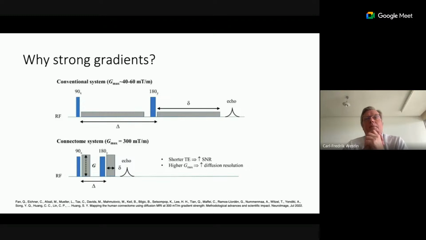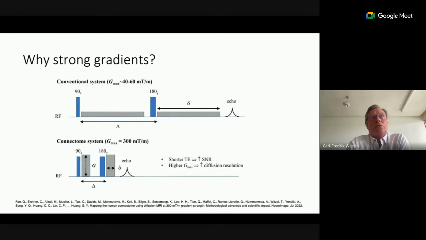But as in most MRI sequences, you have an exponential decay when you do the measurement. So the longer you wait, the more signal disappears. If you have to do very strong diffusion encoding, you have to wait a long time, and then you don't have any signal left. But with very strong gradients, like the lower one, you can do the experiment faster, and then you can get a much higher signal to noise.